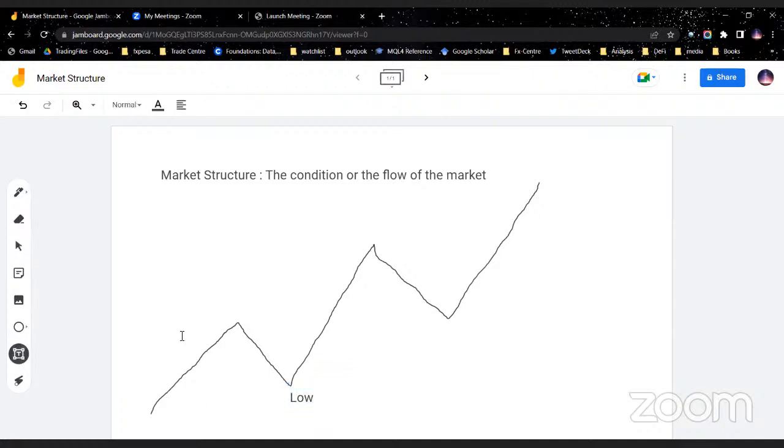This is a low, and this is a high. So if you're looking at a chart and you're seeing a high and a low, and then a higher high, like that, a higher high, and a higher low, higher low. So it will go on like this for some time.